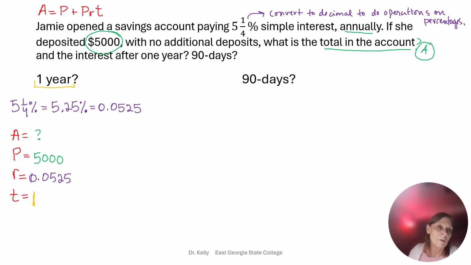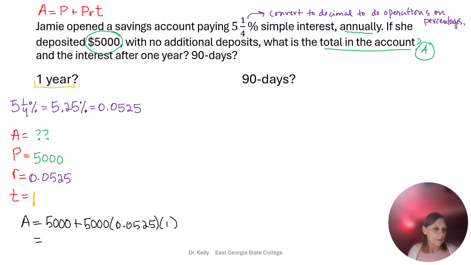So we don't know what A is. That's what we're looking for. So let's set this up and write it in our equation here. So A is equal to P, which is 5,000, plus P, which is 5,000 again, times R, which is 0.0525, times 1.